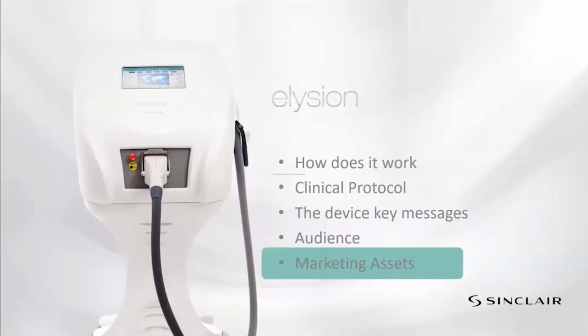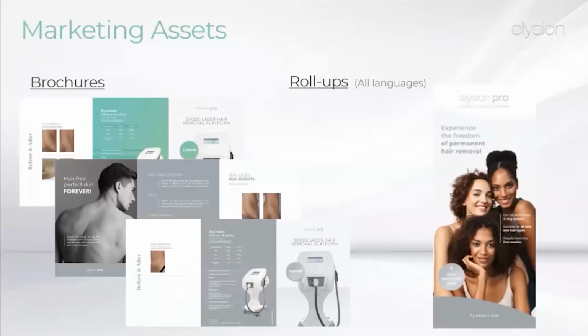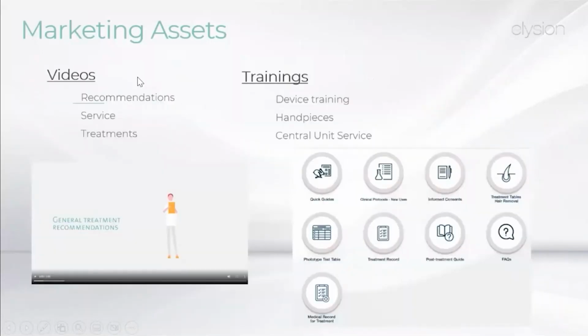Regarding the marketing assets that we have for Elysion, we have different brochures both for B2B and for B2C, and also a differentiated brochure for the different devices, as you can see here: the different brochures for the 2,000 and the 3,500. We also have roll-ups, and different videos for recommendations, for service, for treatments, and different trainings: device training, hand pieces, central unit service.